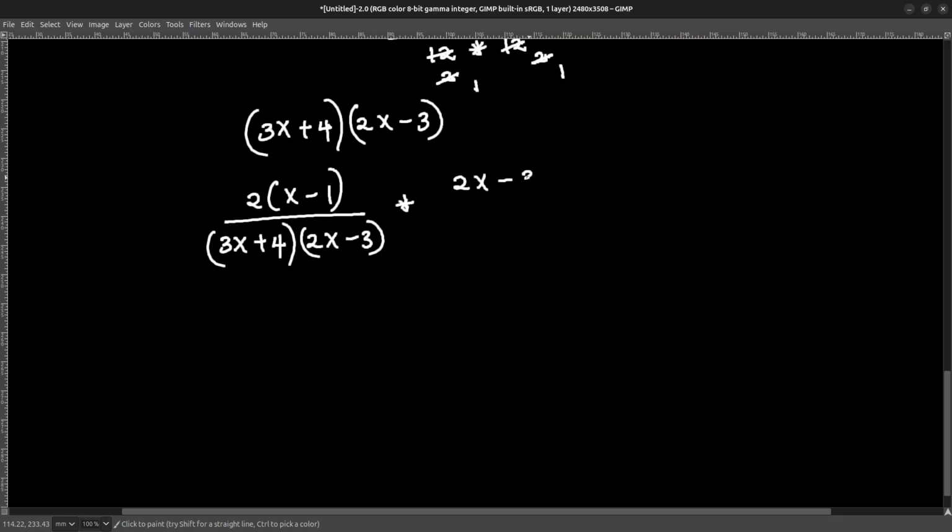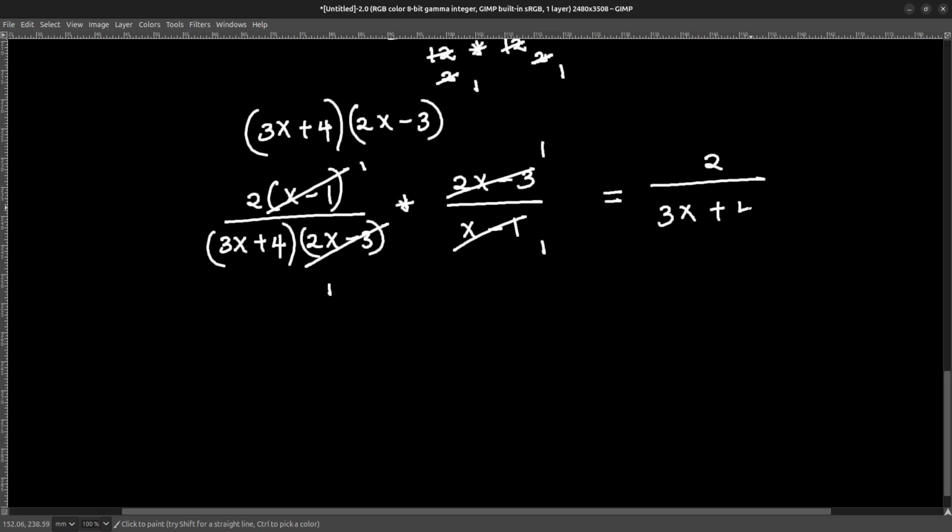So this x minus 1 term cancels with this other one, and then this 2x minus 3 cancels out this other one, and at the end of the day we are left with 2 over 3x plus 4, and that is the simplification. That's the answer.